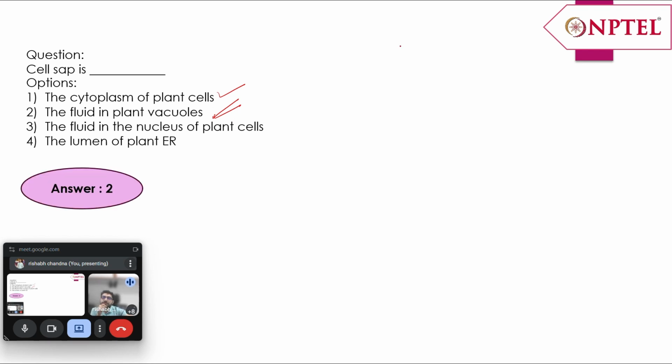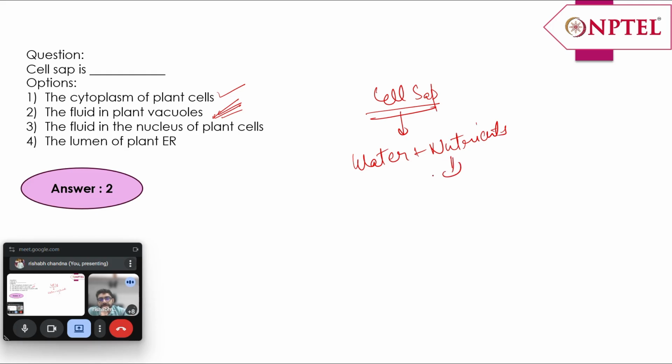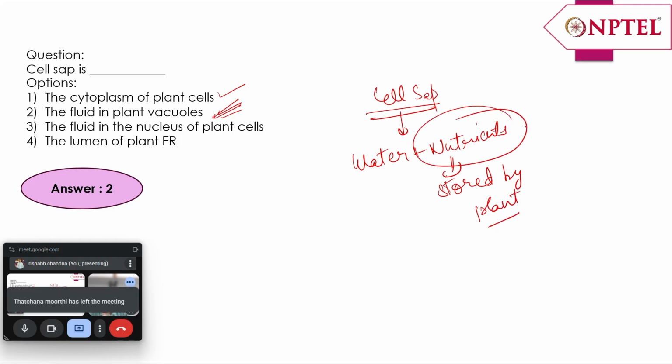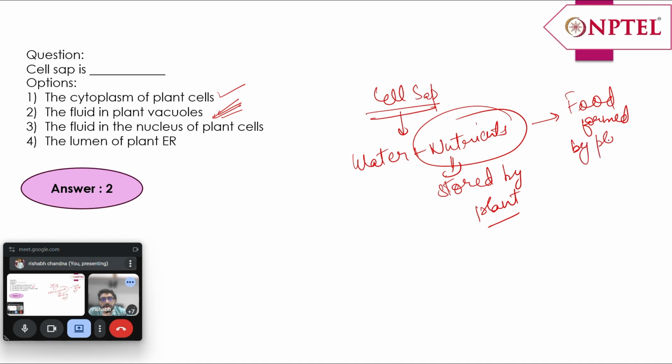So the correct answer is option number two. Cell sap is basically water mixed with different nutrients that is stored by the plant. These nutrients are the food formed by the plant and different micronutrients that the plant absorbs.